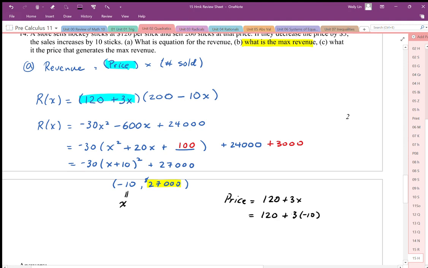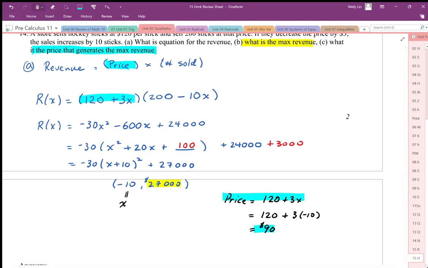So if I decrease the price by $30 to $90, a $90 stick will sell more and it will give us a better price. So the best price that guarantees the maximum revenue is going to be that $90. Okay, so the price that guarantees max revenue is going to be $90.